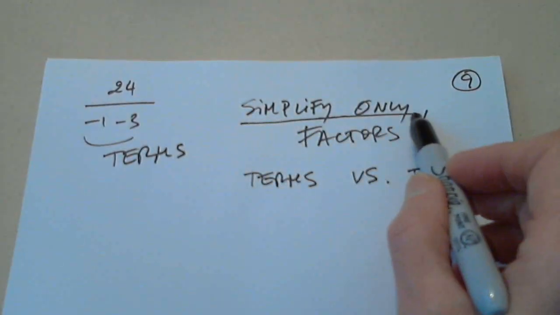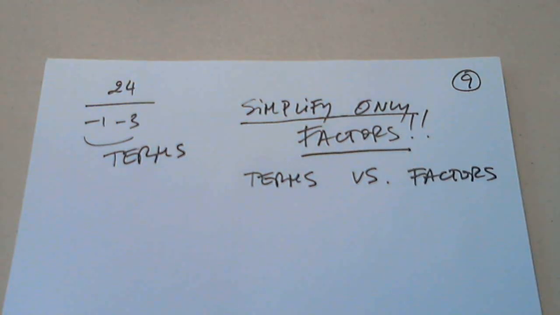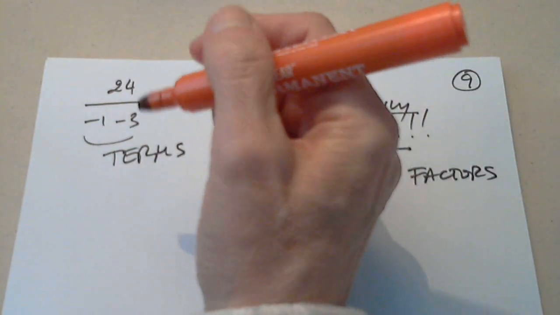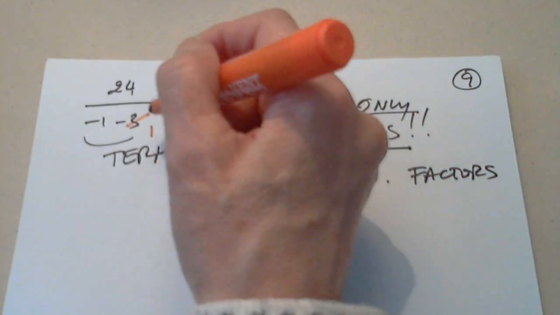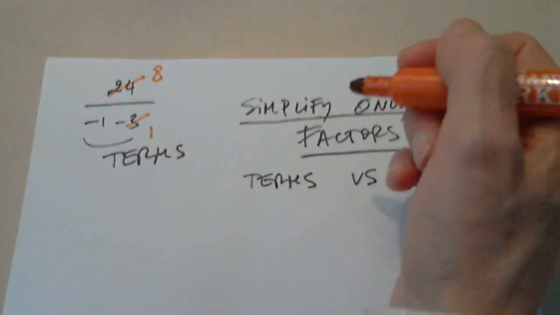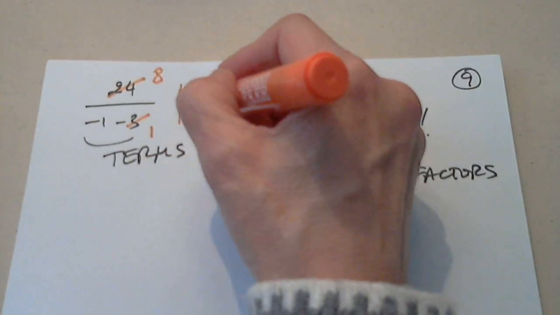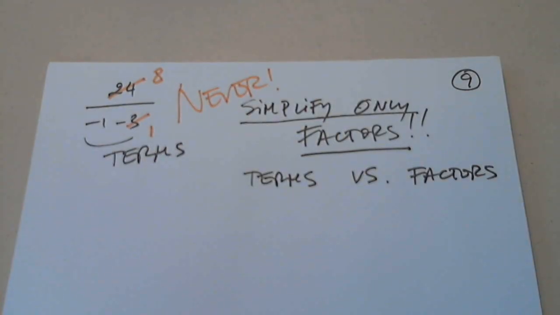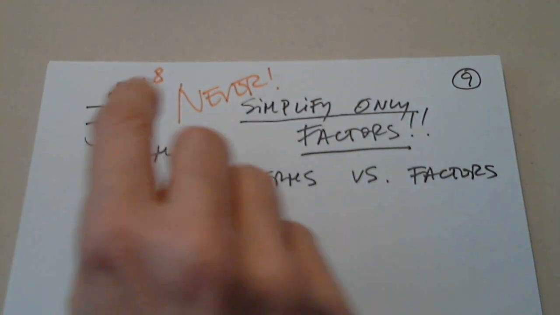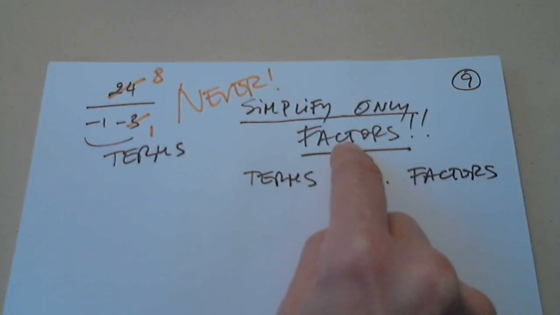And we only simplify factors. Please, it would be an absolutely terrible mistake to say, oh, I'm simplifying 3. Don't write this, please. 3, and I have here 8. No, no, never. We can never do such a thing because these are terms and we only simplify factors.